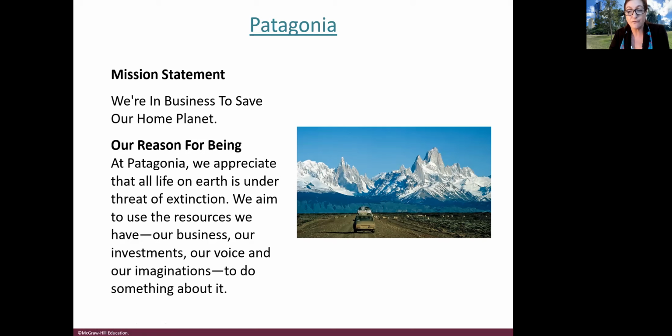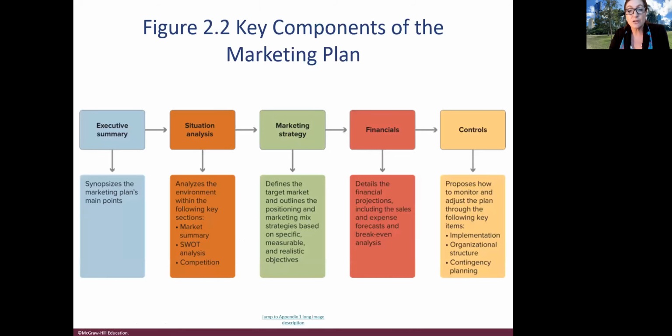Very succinct, very direct. And Patagonia is a brand founded on environmental justice from the very beginning, from the foundation days.